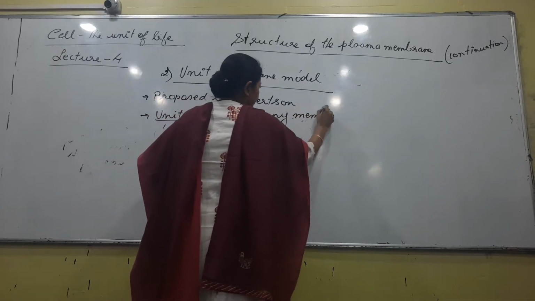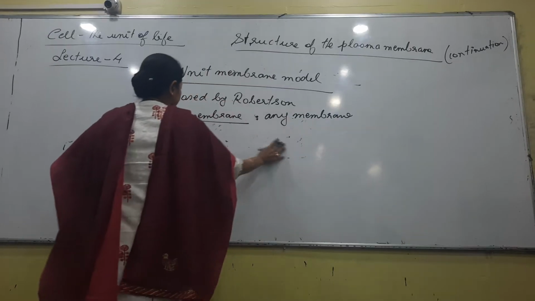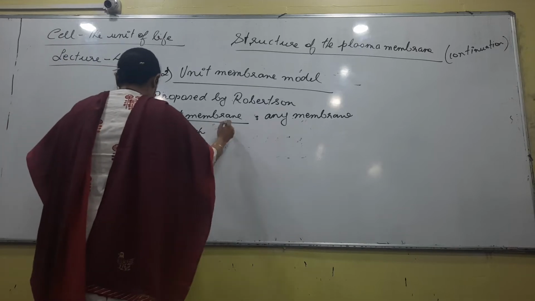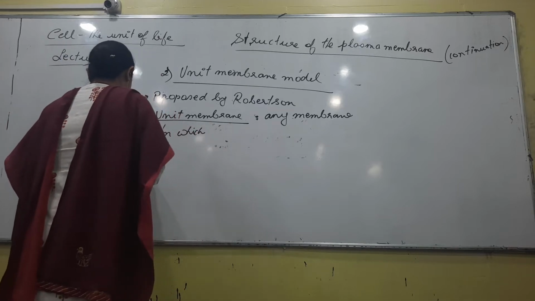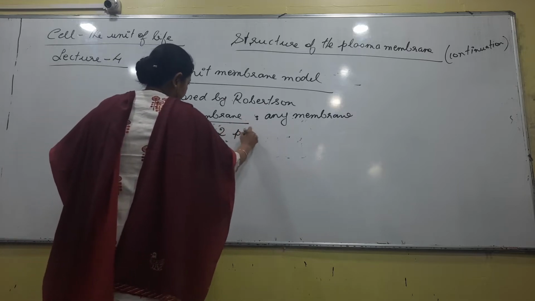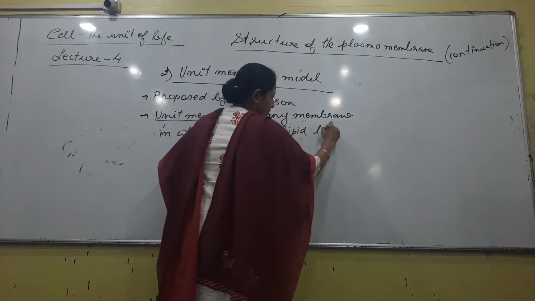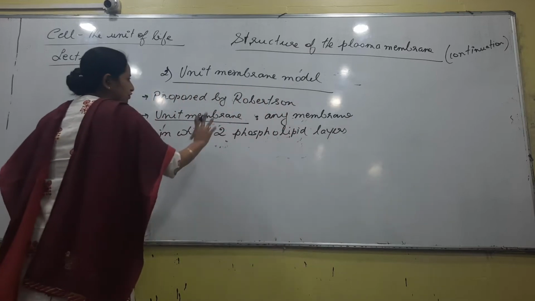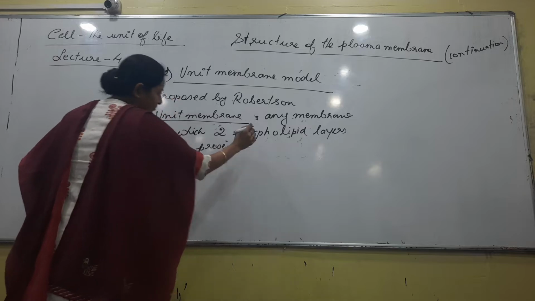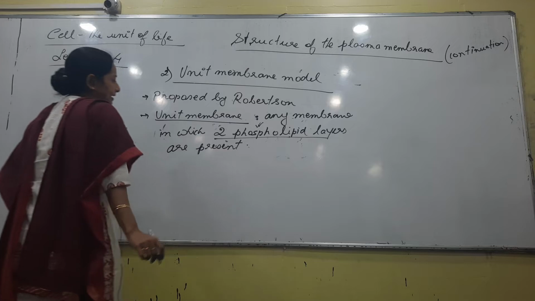Any membrane in which two phospholipid layers are present. Any membrane we call a unit membrane when there are two layers of phospholipid, right?